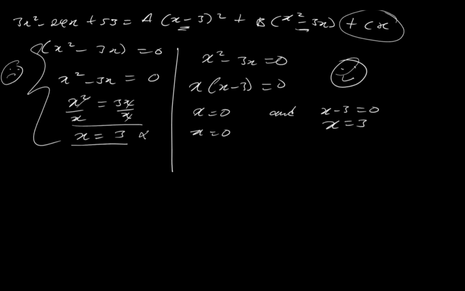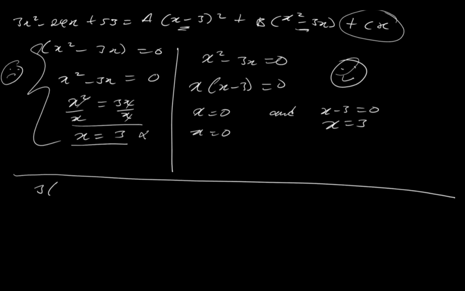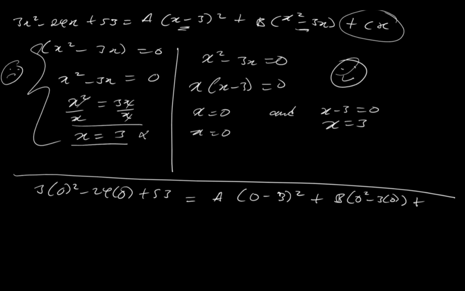So now what if I use 0? If I put 0 everywhere, what are we going to have? Let us try and see what is going to happen. This is going to equal a times (0 minus 3) squared plus b times (0 squared minus 3 times 0) plus c times 0.